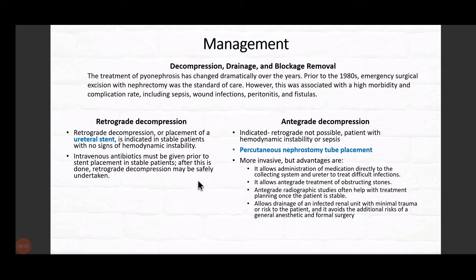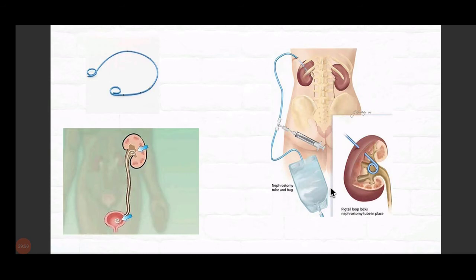And this is minimally invasive. This is absolutely minimally invasive, and you have put this tube through the skin into the kidney. Otherwise, you may have to do nephrectomy. Nephrectomy will require general anesthesia, a formal surgery, and it can be moribund for many patients. So this is the standard of care in pyelonephrosis: you have to drain.